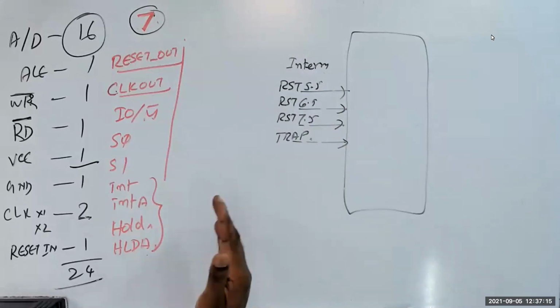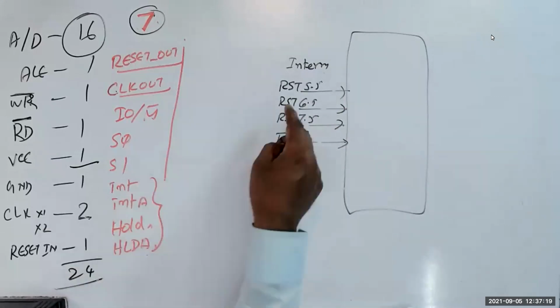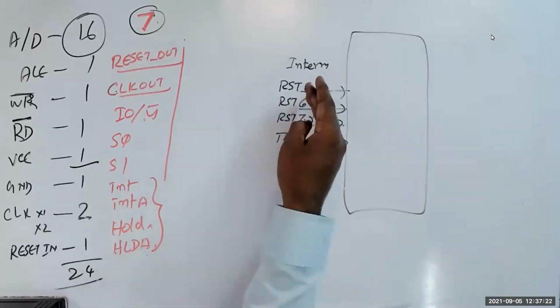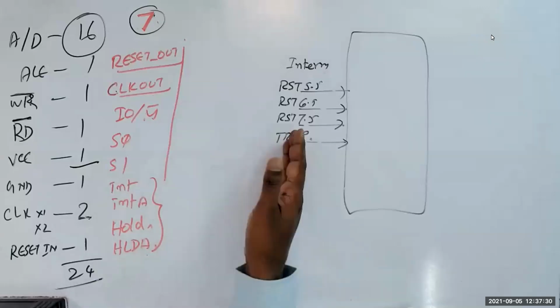What is this? There's no difference between this and this, but each one will go to a different address. This was handy when we were designing, but nowadays you don't require that.